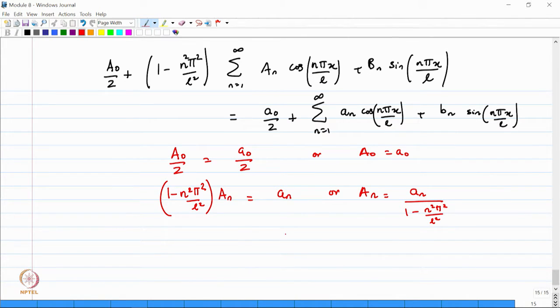Similarly for b n, b n is equal to b n divided by 1 minus n square pi square by L square.